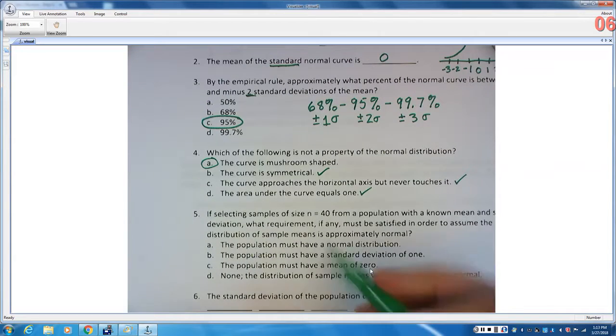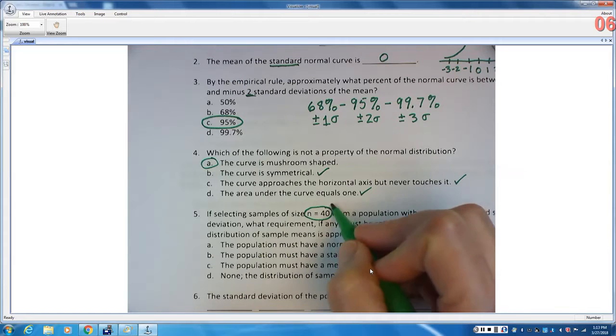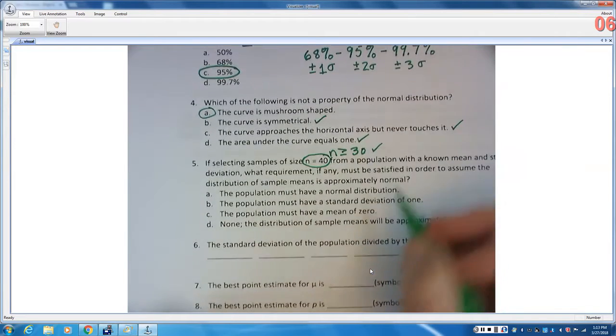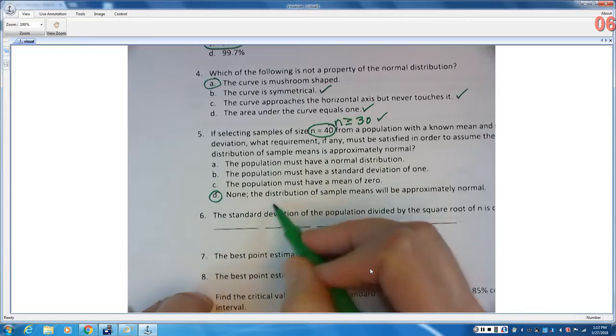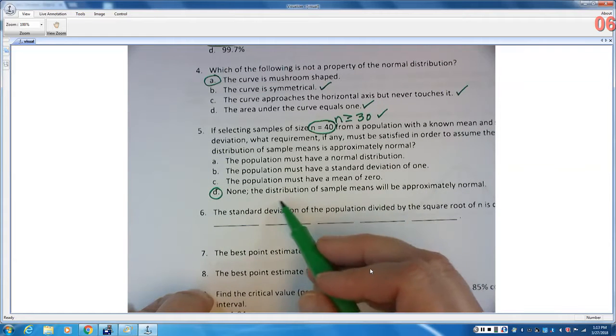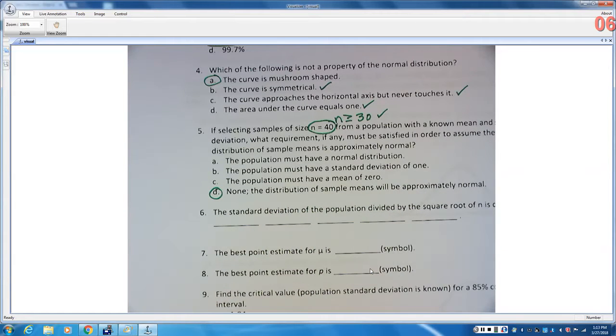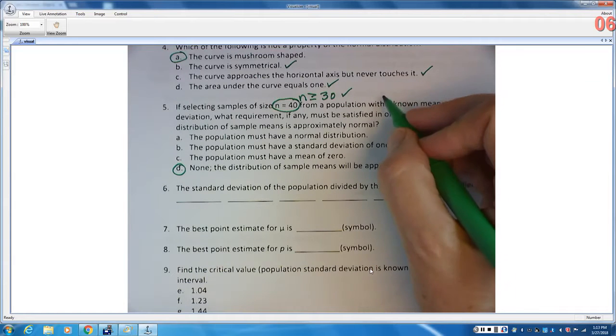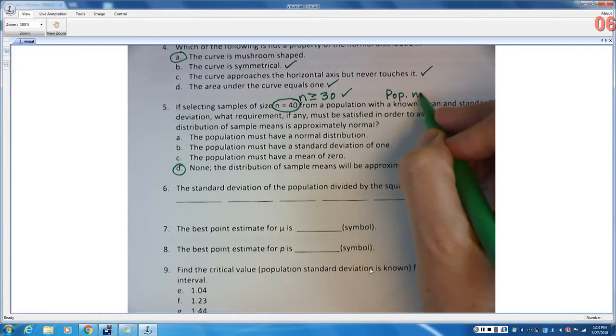Well, because n is 40, n is greater than or equal to 30, we can work the problem, and there are no other conditions. You don't need the population to be normal. It didn't say the population was normal, so the population was not normal here.